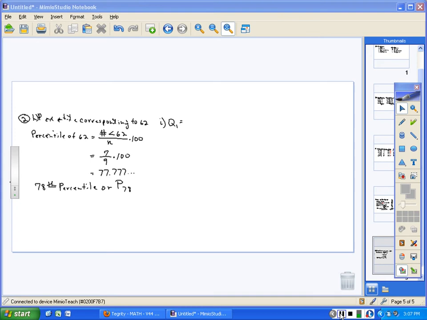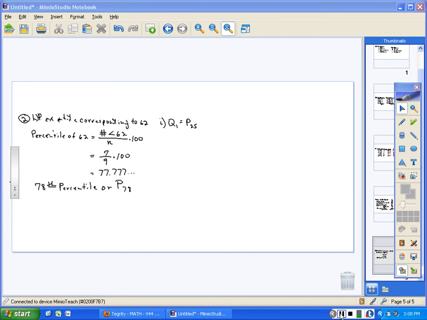Okay, so Q1 we have to convert to percentiles. The conversion is in the margin on page 117 in your textbook. But Q1 is P25. And the way that I like to remember that is that 1/4 is 25 pennies. Q2 is P50, and Q3 is P75.